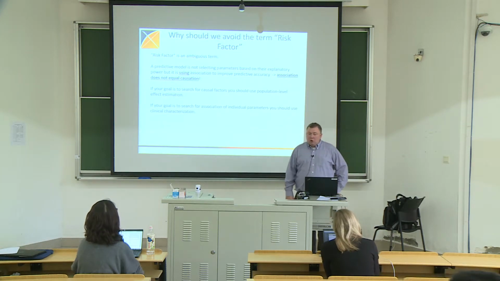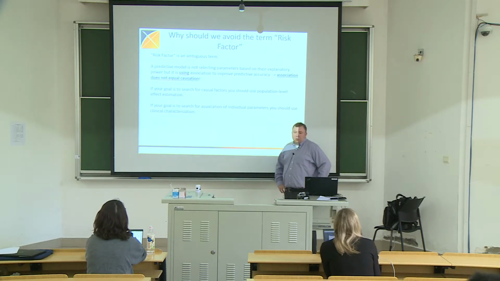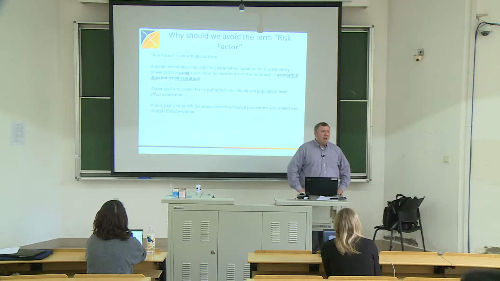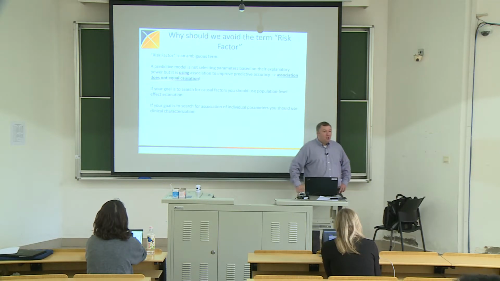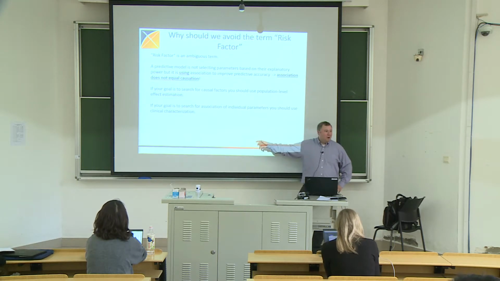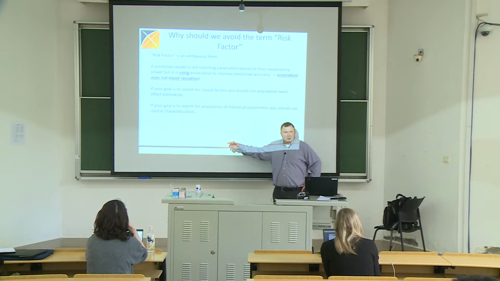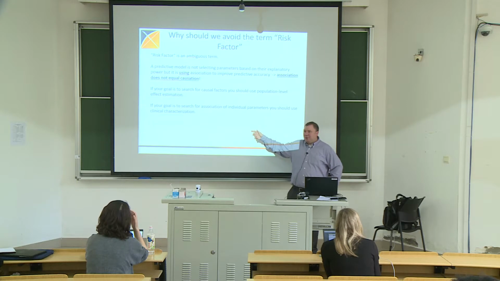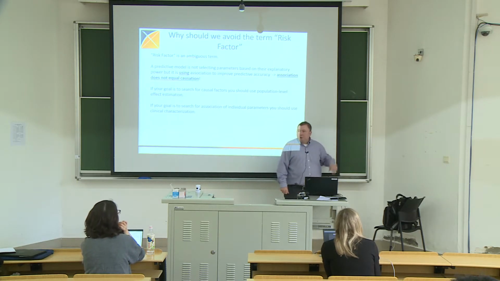If your goal is to search for the association of an individual parameter, well, you can do that with characterization. Remember yesterday, we characterized the color and the size of our populations, and we observed that pink people were more likely to take the white pill, and big people were more likely to take the purple pill.